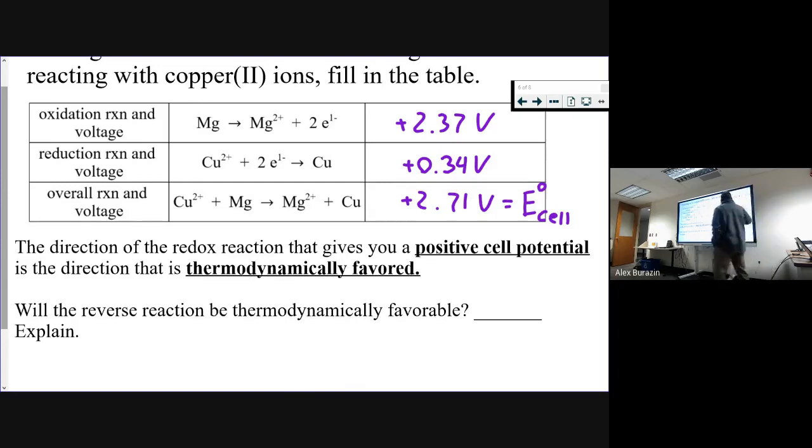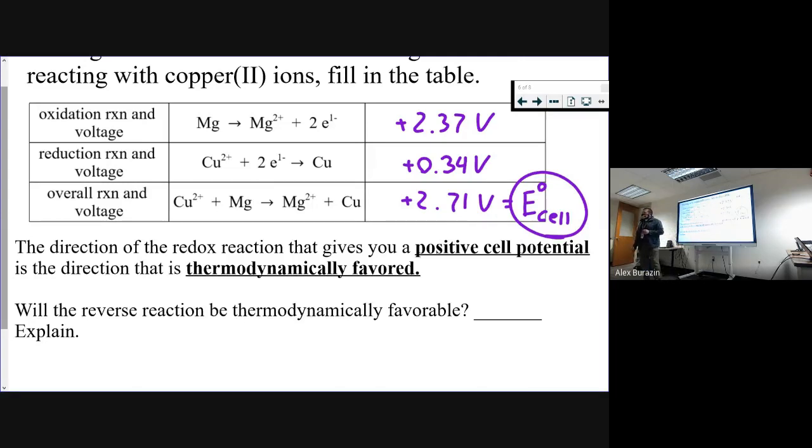Whenever you see this symbol, that is implying the voltage of your battery, the voltage of your galvanic cell. Galvanic, electrochemical, voltaic cell, any of those terms. This is simply saying what is the voltage of your redox process.